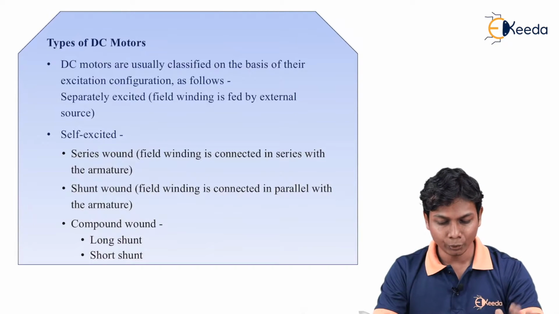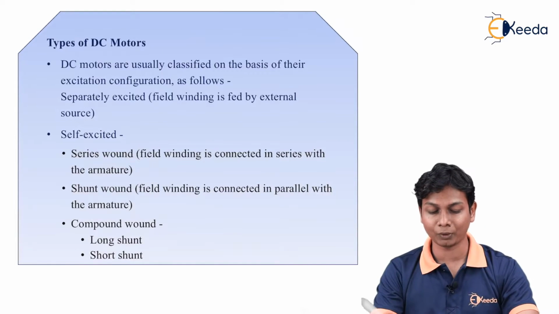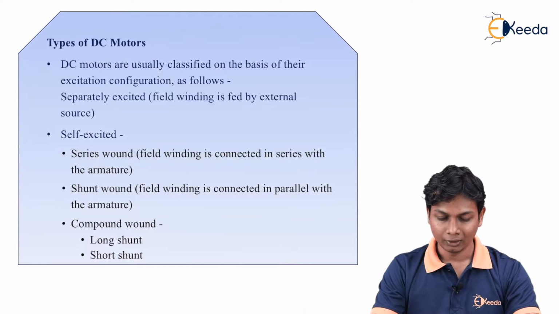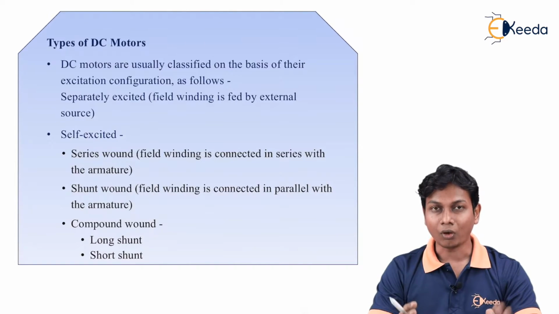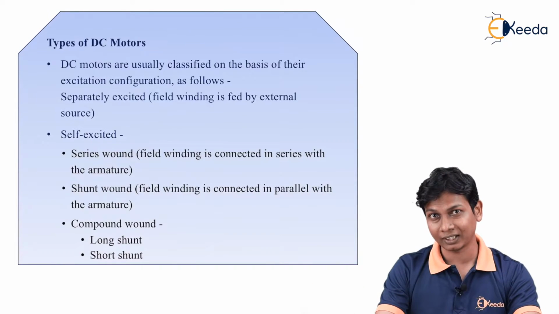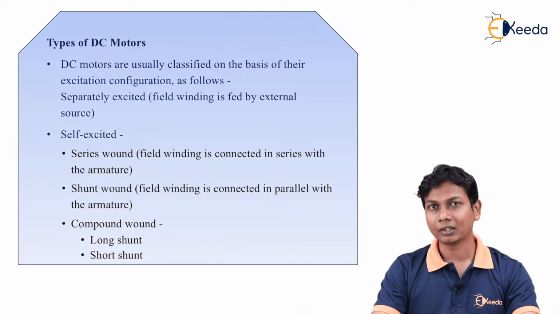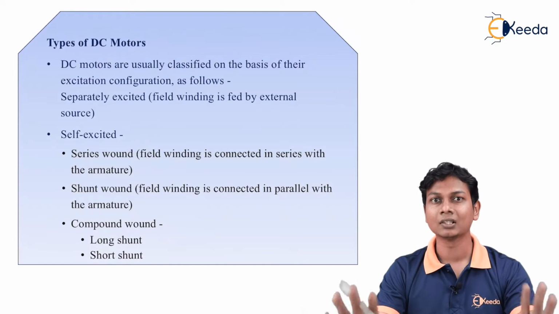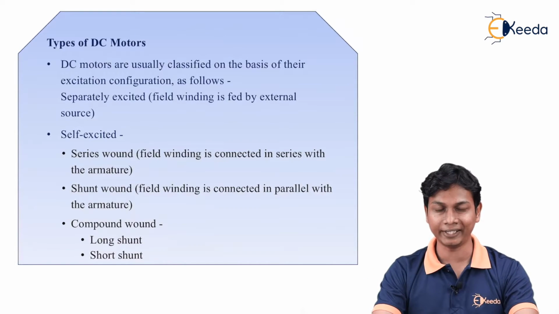Now, the various types of DC motor. DC motors are usually classified based upon their excitation configuration. The configuration has two parts, one is the stator part and the other is the rotor part. The rotor part is also called the armature, and the stator carries the field winding.